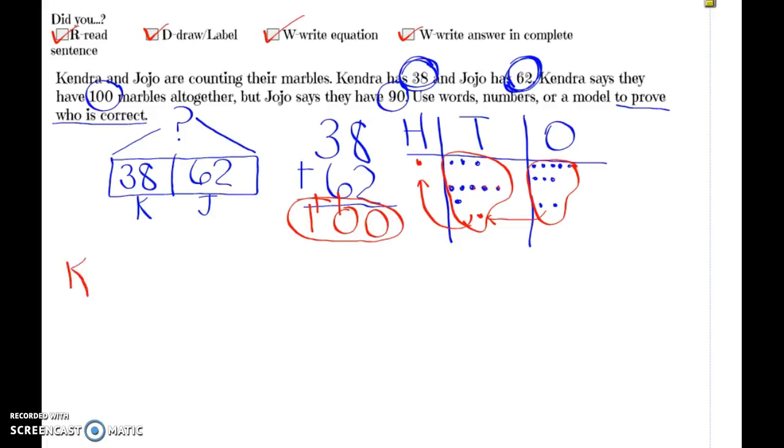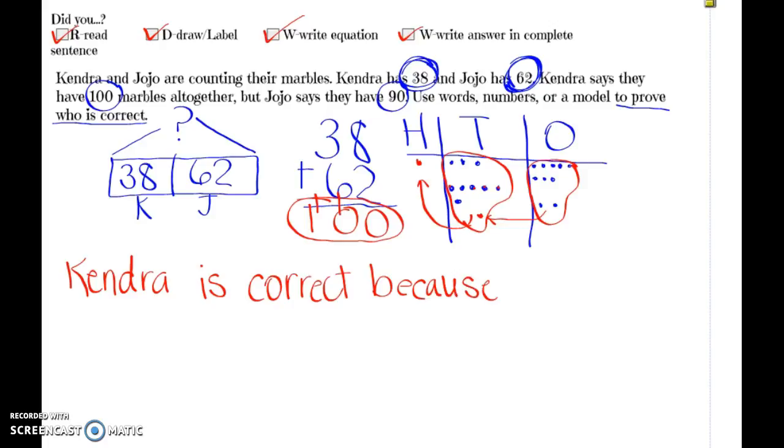And we would write that by saying Kendra is correct because 38 plus 62 equals 100. All right, nice job today.